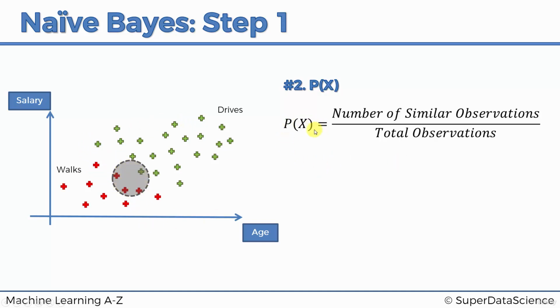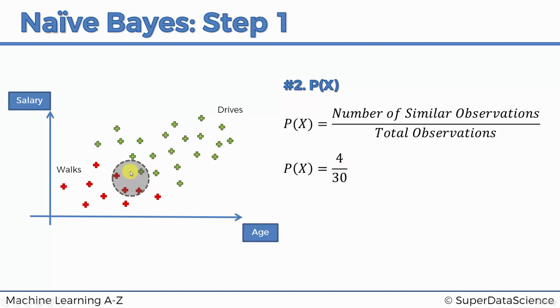And P of X is calculated as the number of similar observations, so the number of observations that we can already see in this circle, 1, 2, 3, 4, divided by the total number of observations, which is 30. So P of X is 4 divided by 30. Once again, just to reiterate, P of X tells us what is the likelihood of any new random variable that we add to this data set falling inside this circle. And it is 4 over 30 because we only have 4.